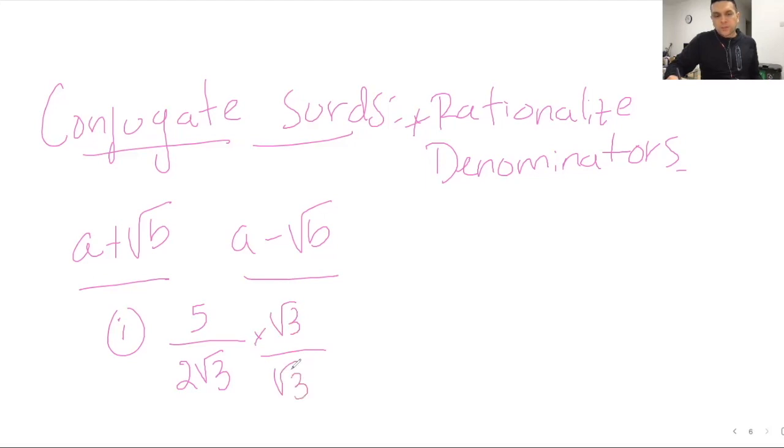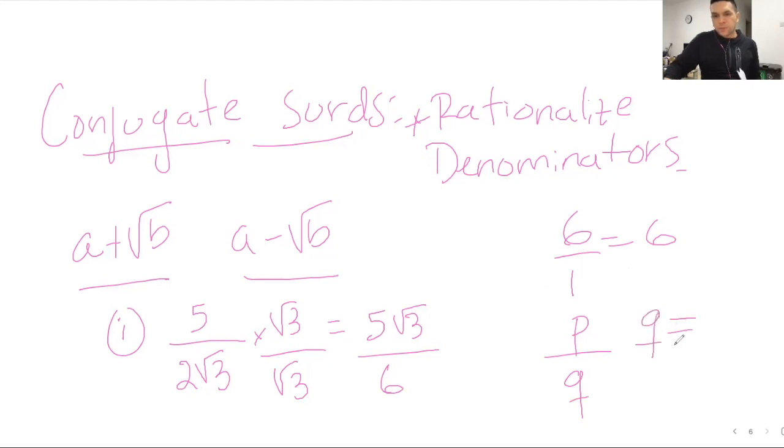As you can see, this is just 1, right? So this is 5 times the square root of 3 over 2 times 3. This becomes 3, so 2 times 3 times 3 is 6. And now 6 is a rational number because 6 over 1 equals 6, and 6 and 1 are integers. And remember that a rational number can be expressed as the ratio of two integers p over q where q does not equal 0. Okay? All right, let's do more.